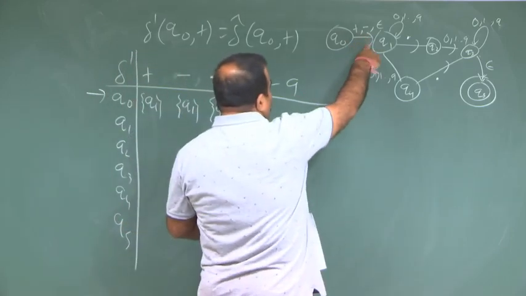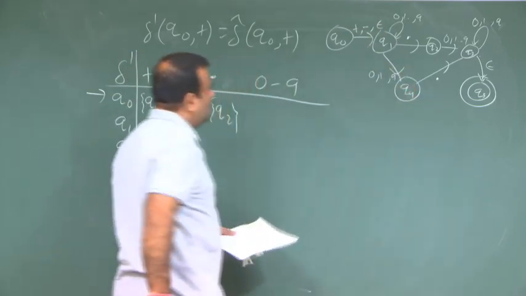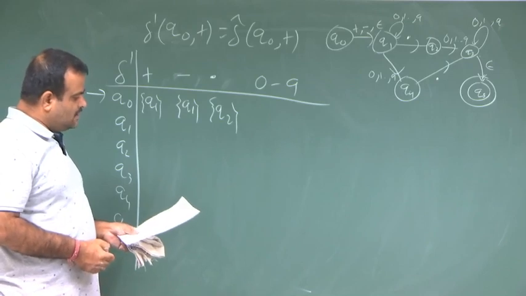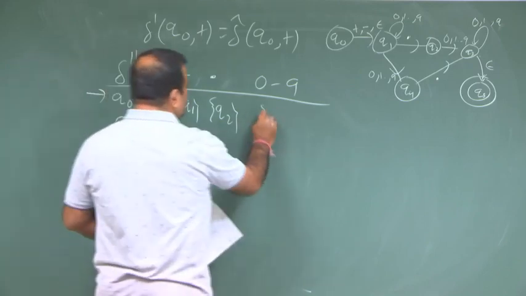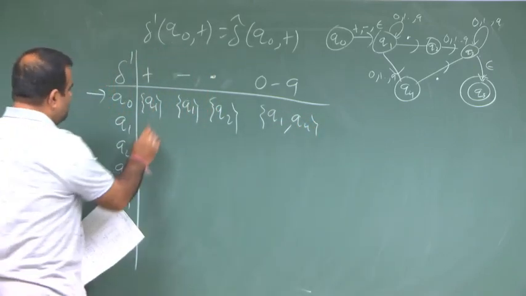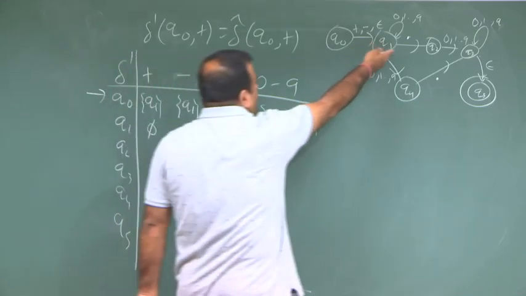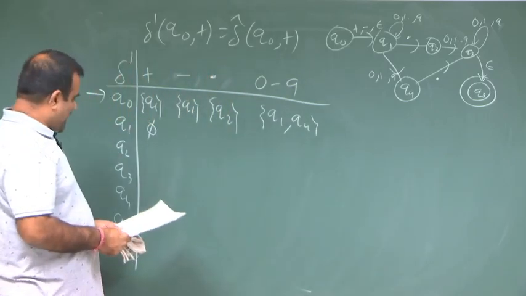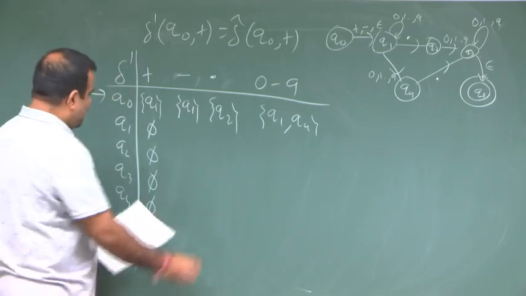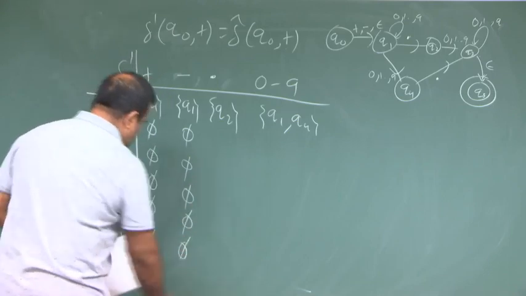We can take the epsilon move, go to q1, and with the digit we can go to q1 and q4. Now, this will be empty, because from q1 with plus there is no move, not even an epsilon move. In fact, these are all empty, this is also empty, you can easily verify.